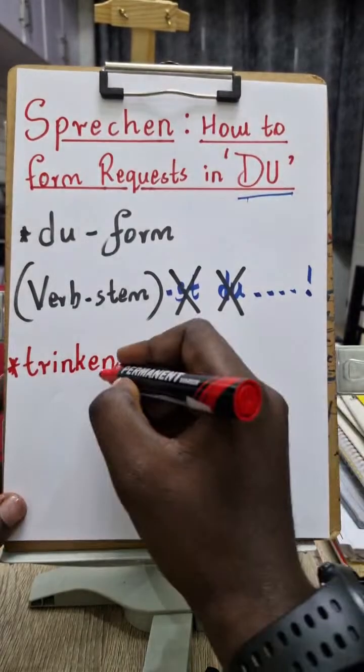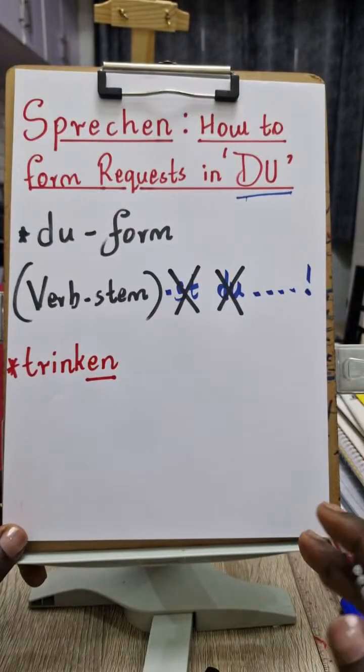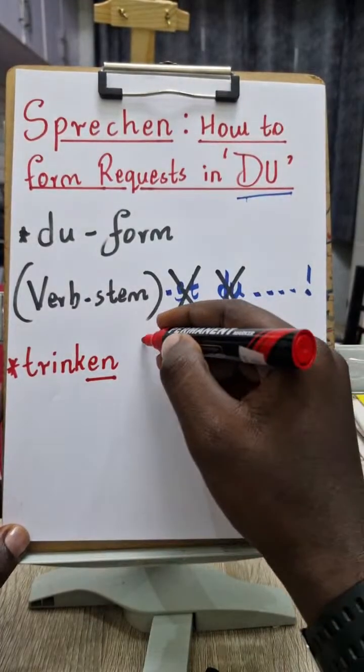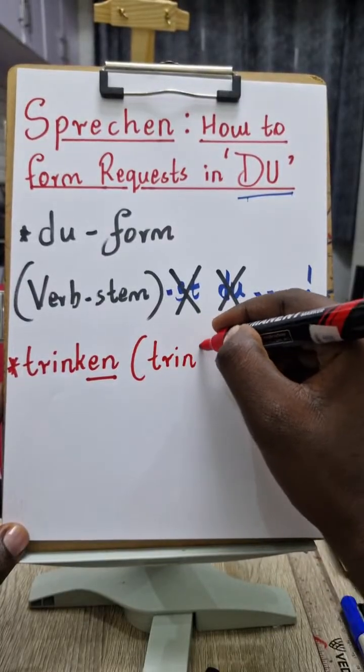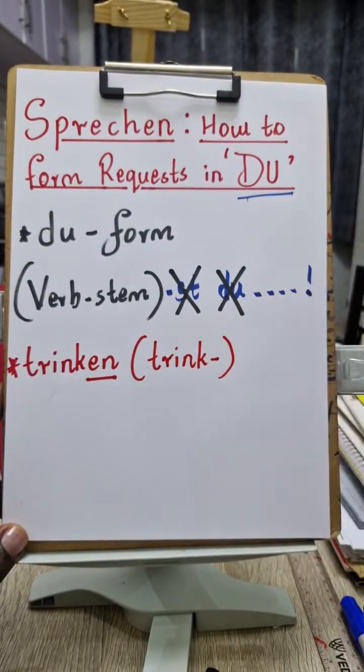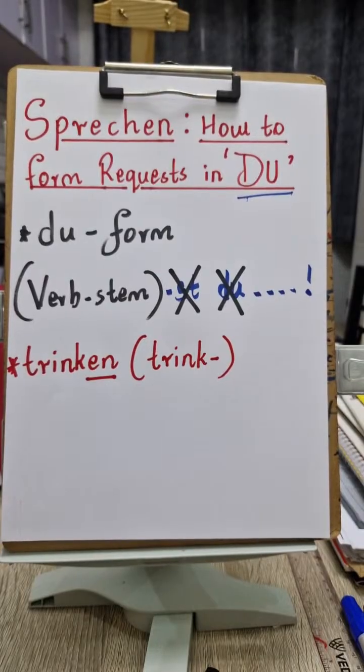So if you proceed to remove this ending en, okay, if you remove the ending en, now you'll be left with the verb stem, which is trink. So trinken, remove the en, now I'm remaining with trink. That is my verb stem.